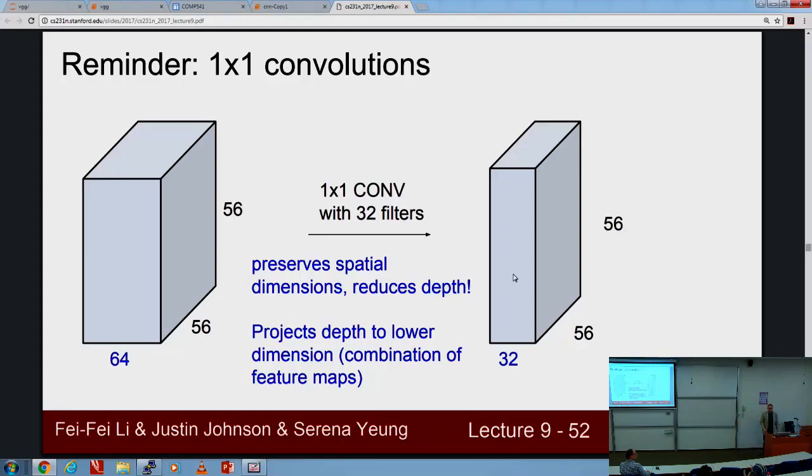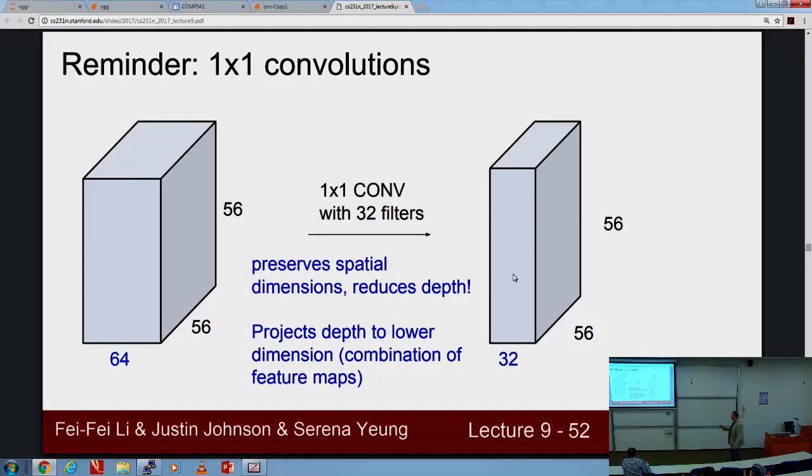I didn't quite understand when you said learn to decrease the number of filters. Because these one-by-one convolutional filters are all learned. You don't hand-build them. But the 64 was the hyperparameter that we started with, right? Right. And 32 is another hyperparameter. So when we decide to eliminate a filter, we're not eliminating any of the channels, we're just linearly combining them into new channels.